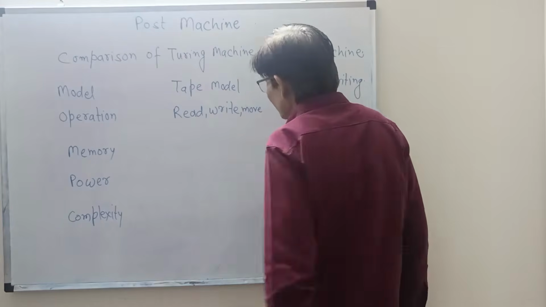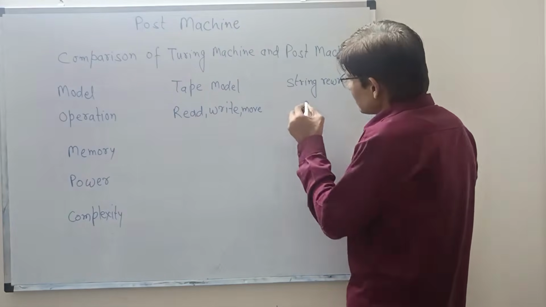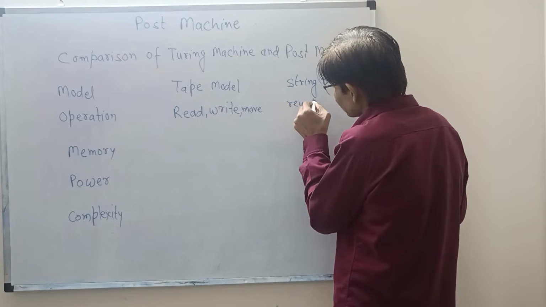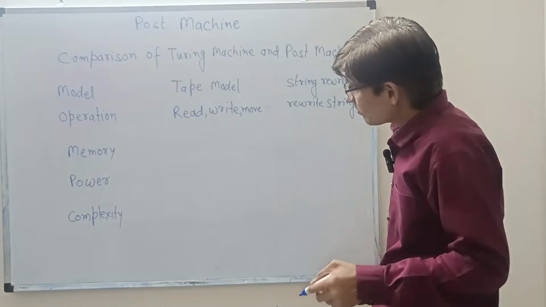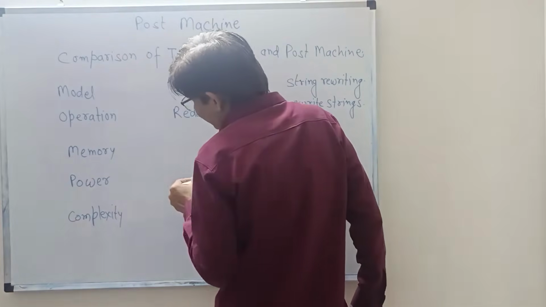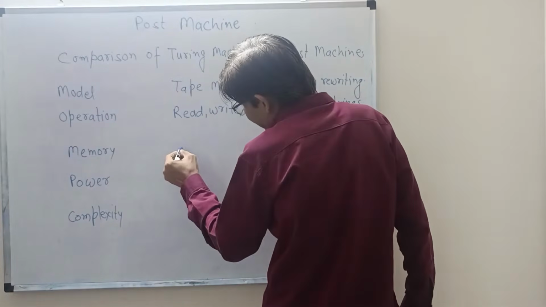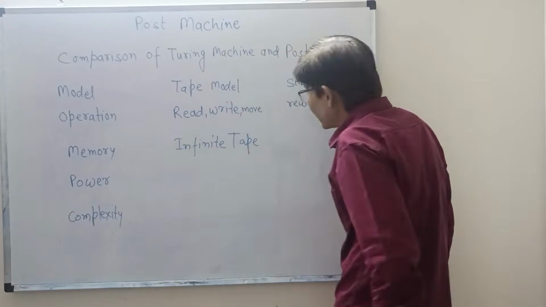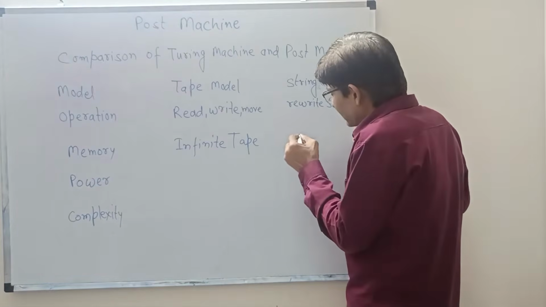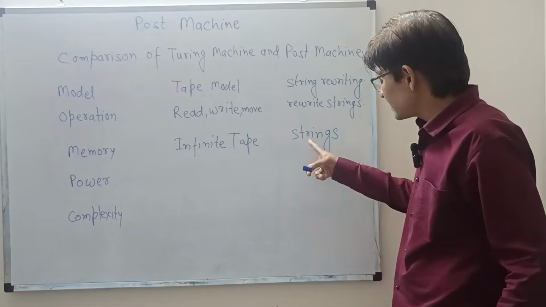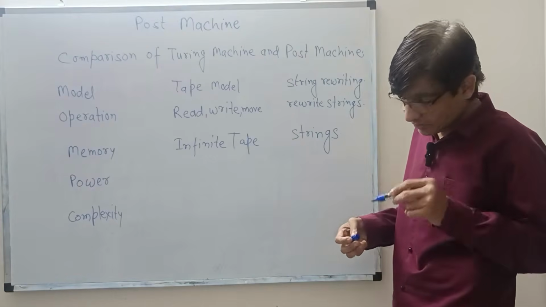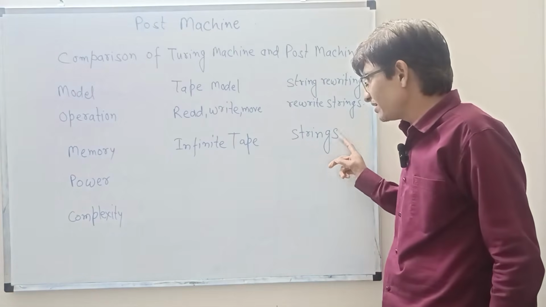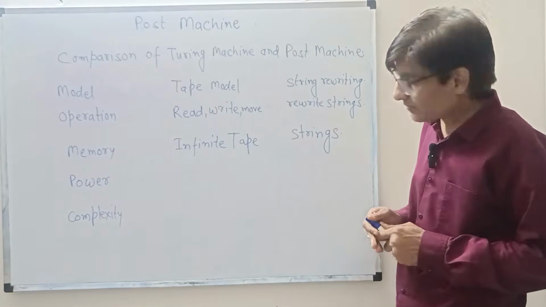Here, obviously, we rewrite strings. Then, if I compare both on the basis of memory, Turing machine has an infinite tape for storage, while post machine has only strings, and the only memory required is what is needed to accommodate the particular string available in the post machine.